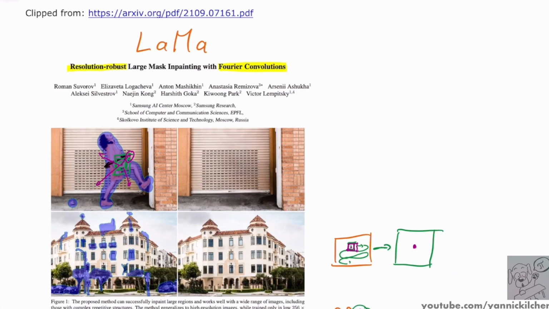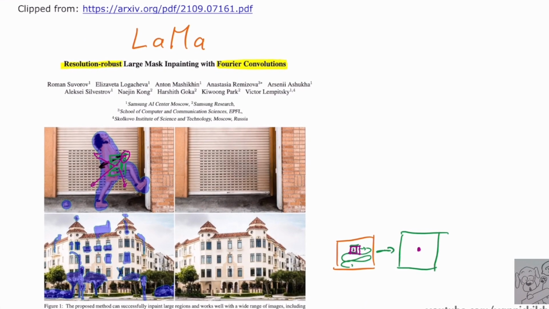As it's seen from the title, Fourier convolution might stand out a little bit more than other components, but actually the paper is about all three components: how we generate data, how we process images with a neural network, and how we optimize this, what losses we choose.